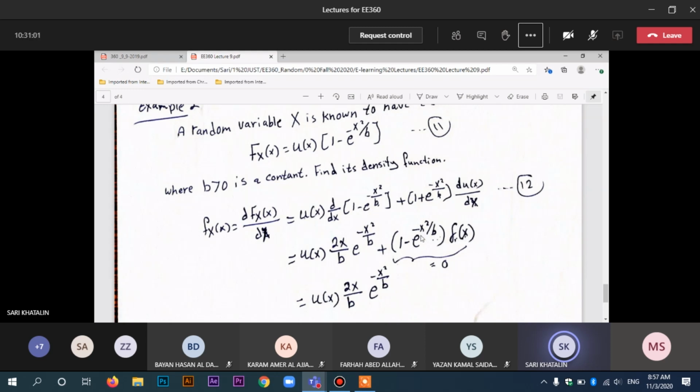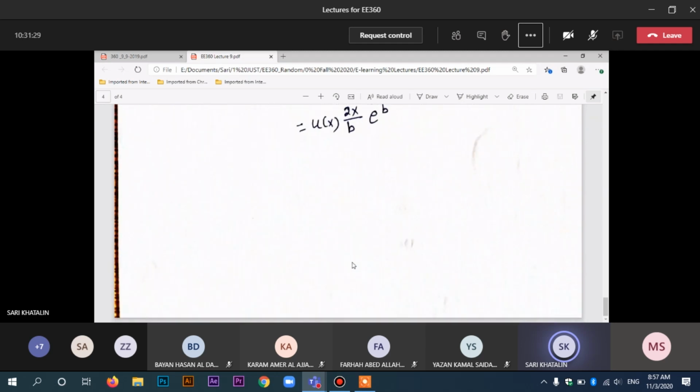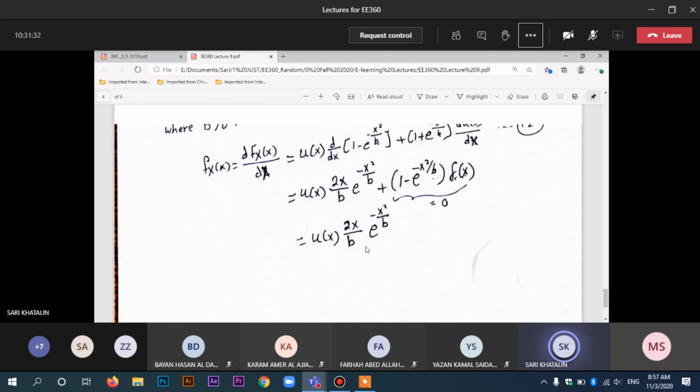If x is not equal to 0, the impulse function is 0. Therefore, the whole thing is going to be 0 all the time, because for anything other than 0, the impulse function will be 0. But at x equal to 0, the exponential will be equal to 1, and 1 minus 1 is 0. That's why the whole thing is 0, and the result here is just the unit step times this. That's how we came up with this result.